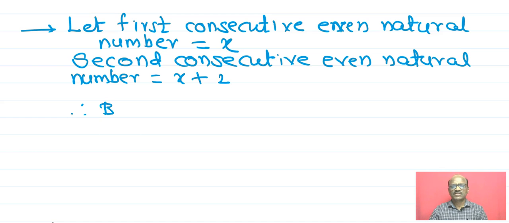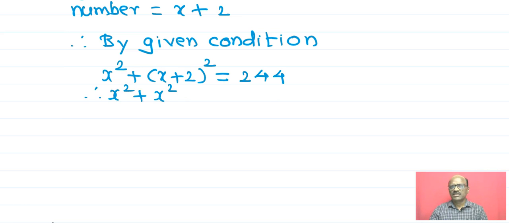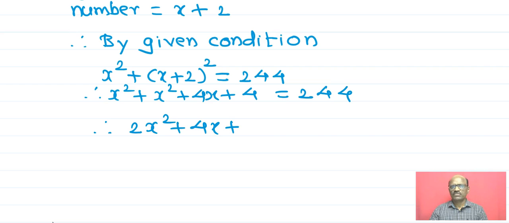By the given condition, sum of their squares means what? x square plus (x plus 2) square is equal to 244. Now expand this. x square as it is, (x plus 2) square means what? x square plus 4x plus 4 is equal to 244.